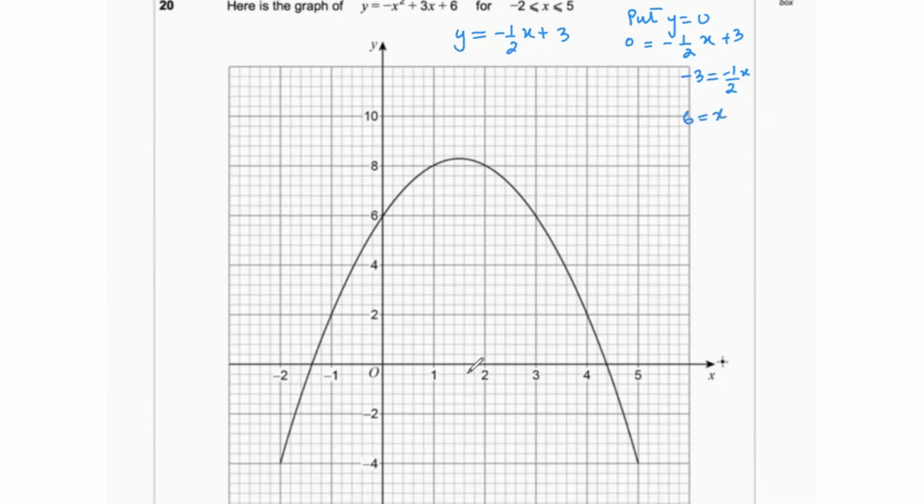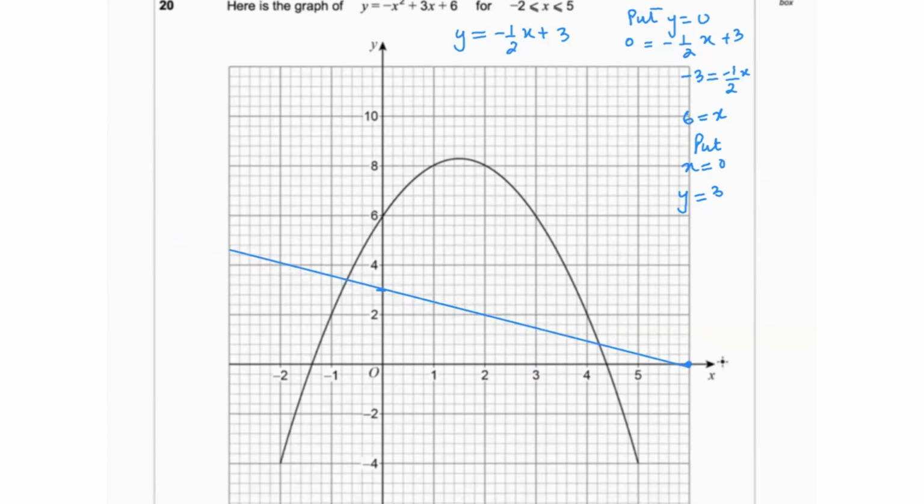So x equals 6 when y is 0. So we have one point over here. And if we put x equals 0, y is going to be 3. So that's over here. If we connect the two intercepts, this is the line that we're getting.